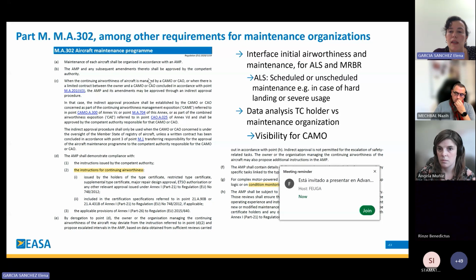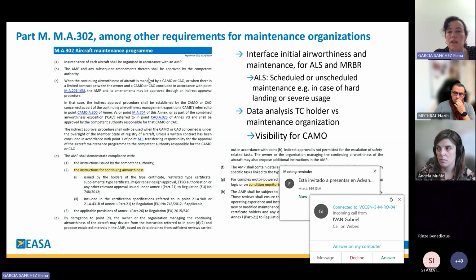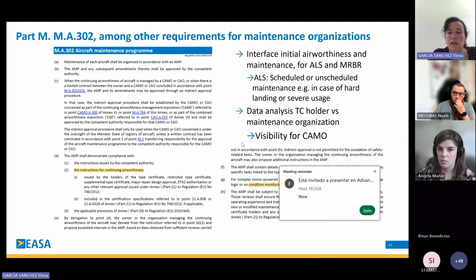So this is the interface between initial and continued airworthiness, and the information is traditionally transferred with the ALS, which is the mandatory part of the maintenance manual, and the MRBR, which is the part that is continuously monitored and can be escalated.